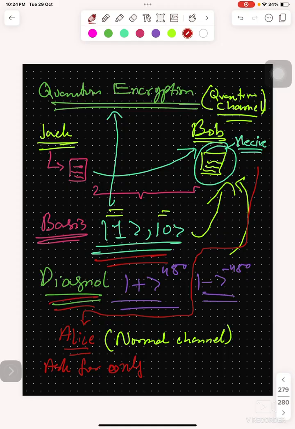Ask for only the type of base. Then we see how encryption is secured.